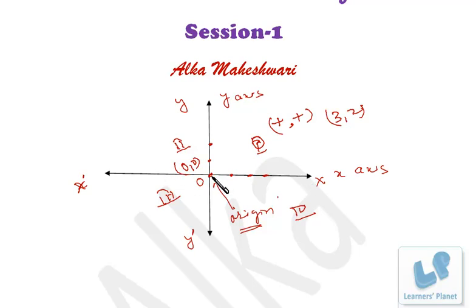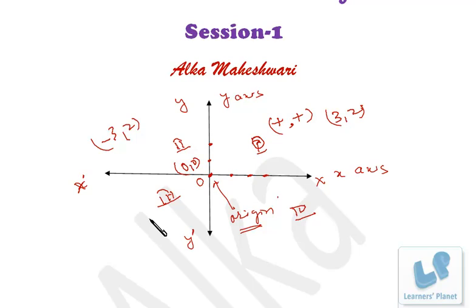In the second quadrant, since we are on this side of the line, the values of x will be negative. So in the second quadrant, x will be negative but y will be positive because we are considering this area, right? And in the third quadrant, here x is negative, here y is negative.